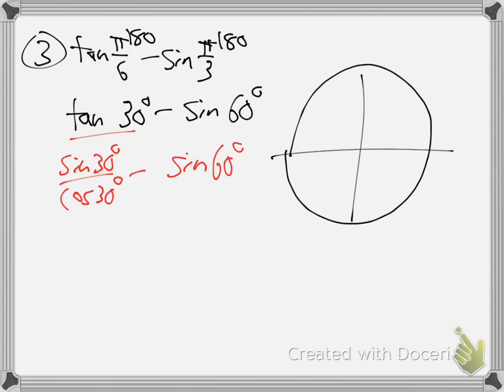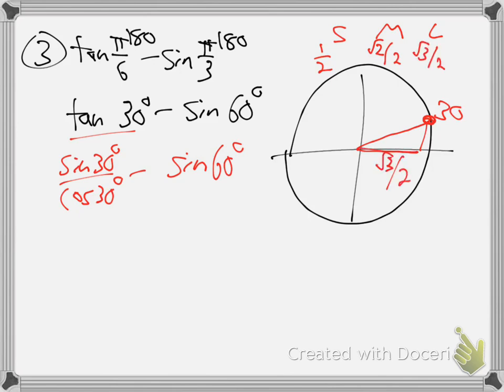Okay, now, so we're talking about 30. Let's do the 30 first. Here's the 30-degree angle. What's that? That's over a lot. Remember the small, medium, large: a half, root 2 over 2, root 3 over 2, right? So it's over a large amount, up a small amount, up a half. So the sine of 30 is the y coordinate, always the y. Remember, sines are y, cosines are x. So that's a half over, what's cosine of 30?